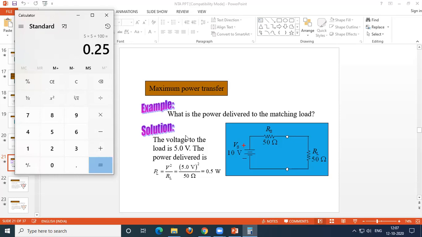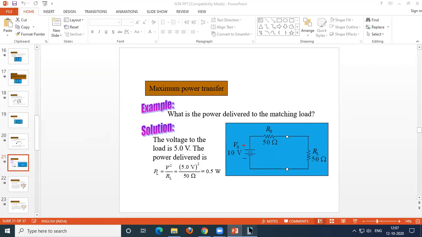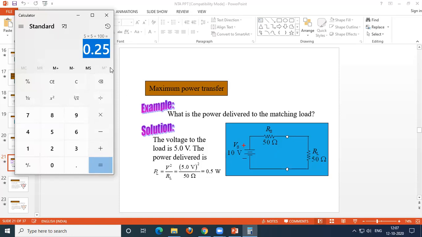Here 5 into 5 divided by 100 is 0.25, which is smaller. So if instead of that 50 ohm, the value is 100 ohm, then the power dissipated is less, that is 0.25 instead of 0.5 watt.